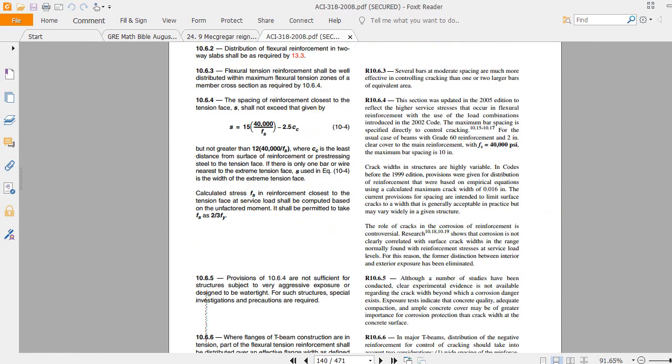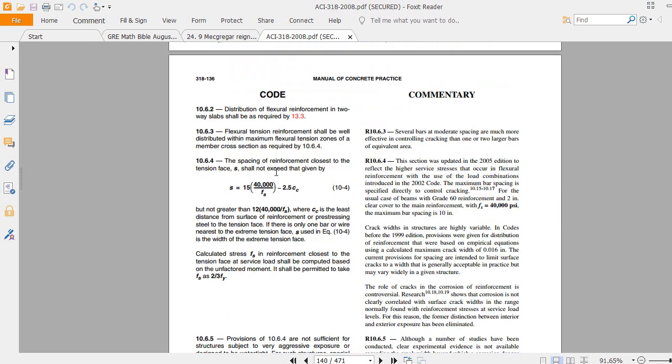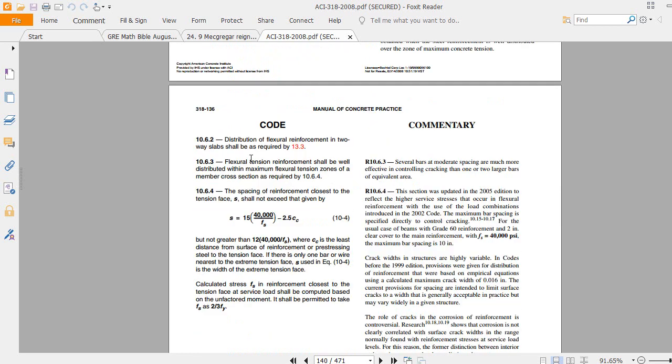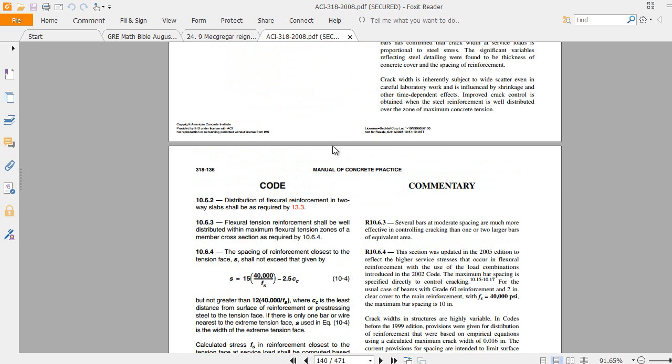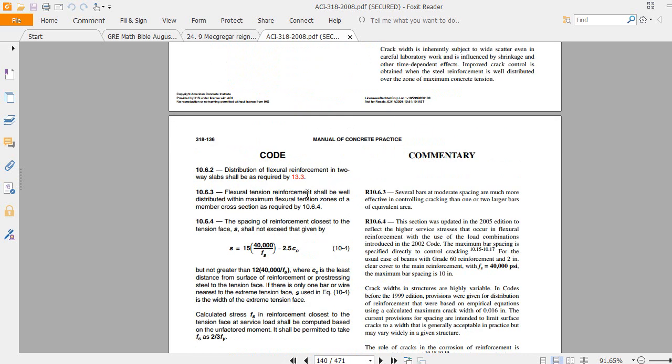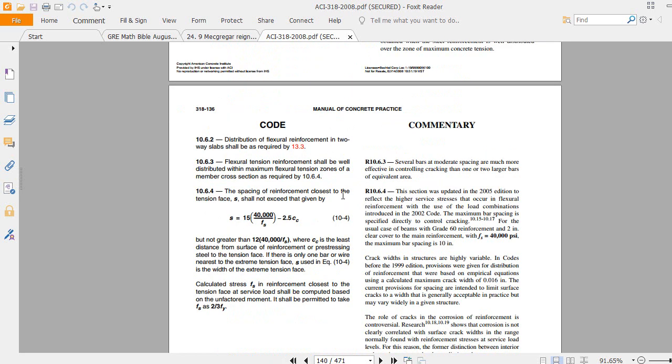10.6, this one. Now you see, distribution of flexure reinforcement in two-way slab systems. Flexure tension reinforcement shall be well distributed within a maximum flexure tension zone. The spacing of the reinforcement closest to the tension face shall not exceed that given by this one, but not greater than this one, where cc is the least cover, and remember fs is 2/3 times fy.